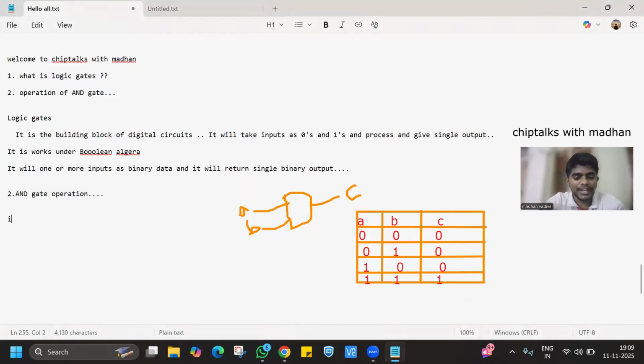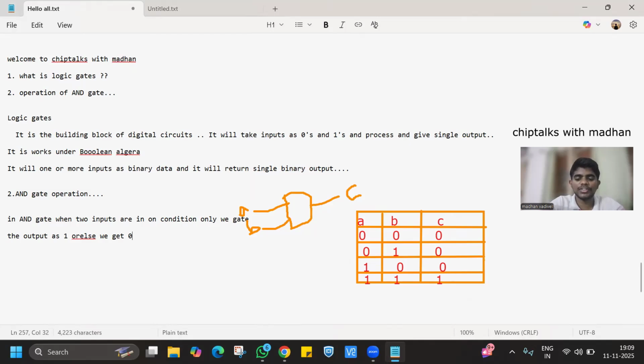So in the AND gate, only when both inputs are in the on condition do we get the output as 1, or else we get 0.